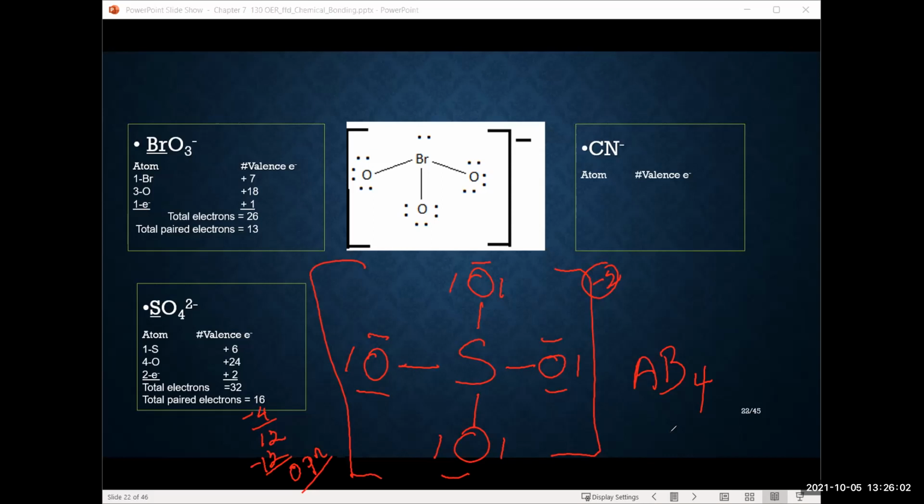Now, let's say you forgot to add 2. You end up with 30 electrons to work with, or 15 pair. Well, if you go through that exercise, you're going to end up short of valence electrons.